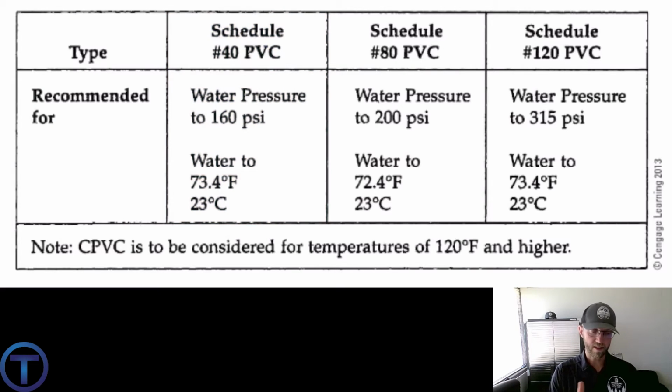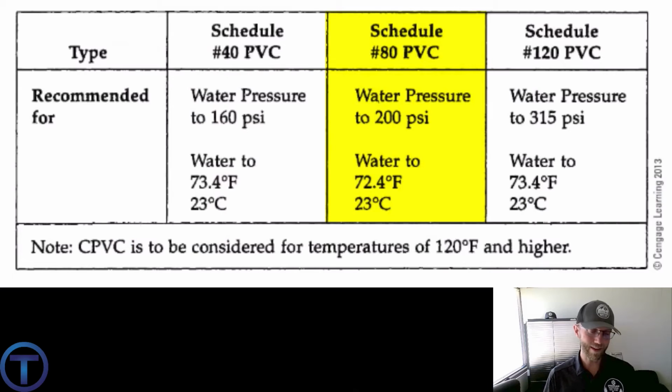Now we're going to look at similar temperature readings all the way across these, but look what happens when we go to the schedule 80 PVC pipe. Now for a similar temperature, they've got a 72. I don't know if that's a typo in here. Yeah, probably just a typo in the book, but around 70 degrees Fahrenheit.